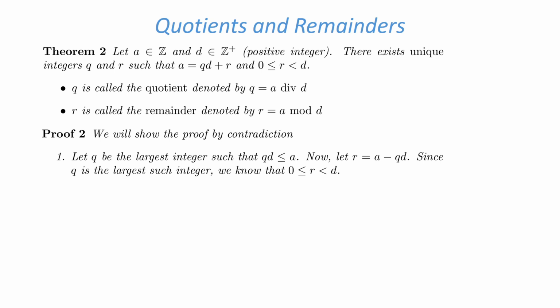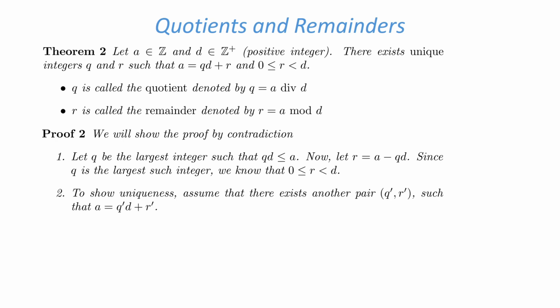Since we know that q is the largest such integer, we know that 0 is less than or equal to r, which is less than d. Now, the only thing we need to show is uniqueness. That is, there must not exist some other pair q prime, r prime such that a is equal to q prime d plus r prime with 0 less than or equal to r prime less than d.